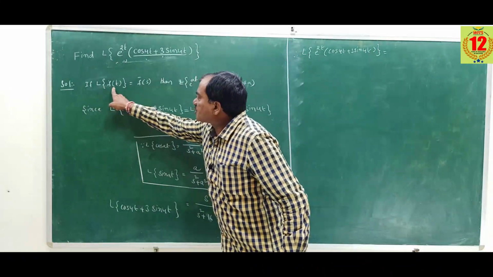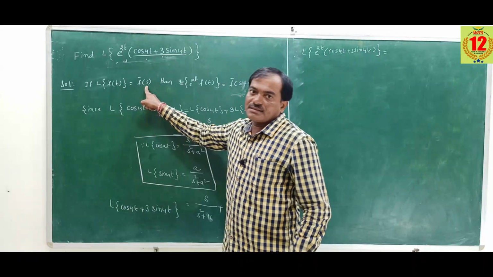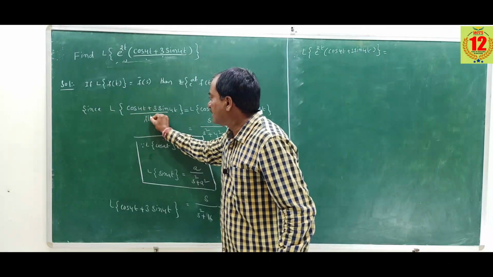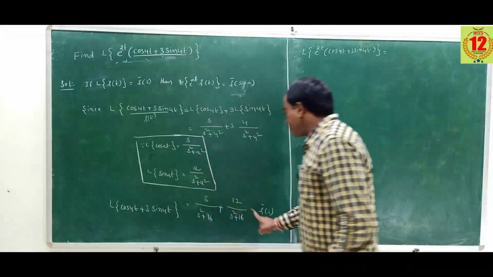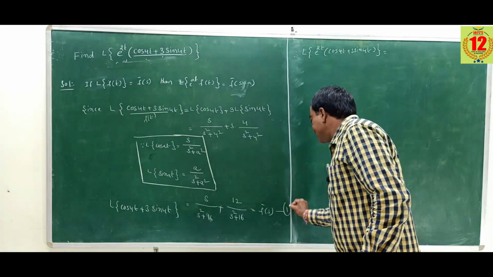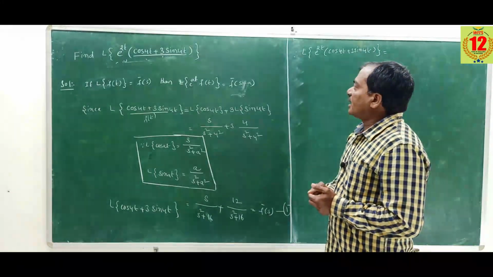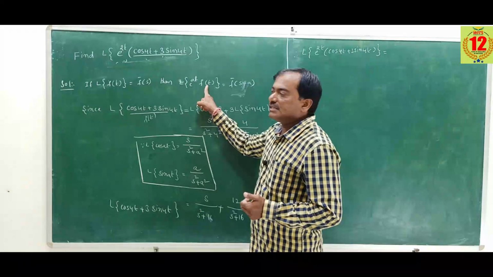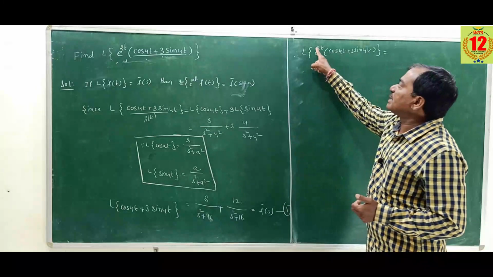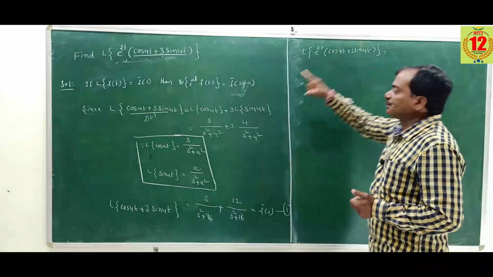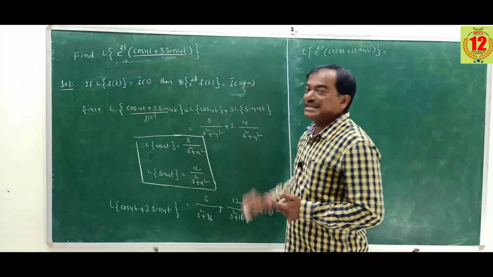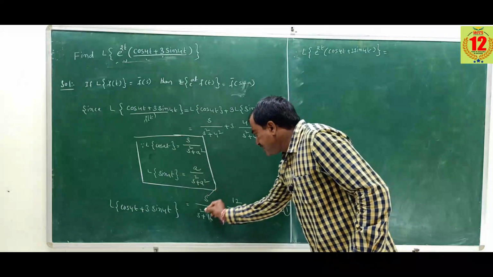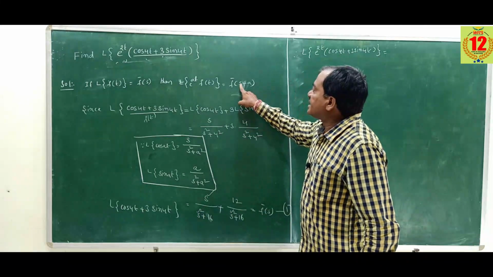If the Laplace transform of f of t equals f bar of s, which we have already found, we call this equation 1. Then the Laplace transform of e power 2t f of t equals f bar of s minus a, which means in equation 1, s is replaced by s minus a.